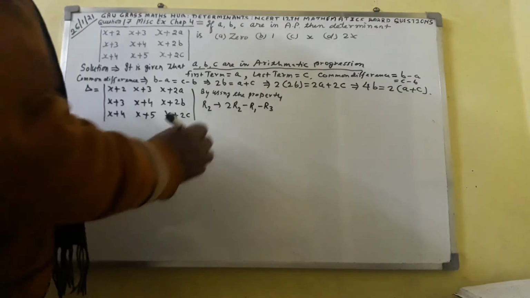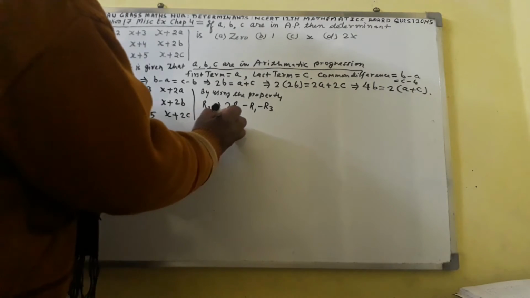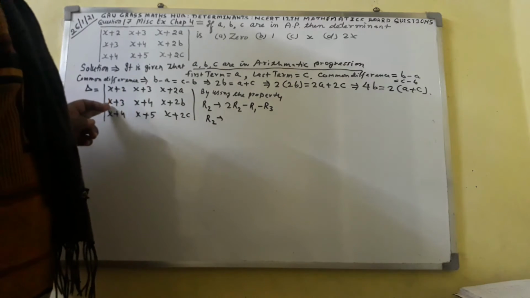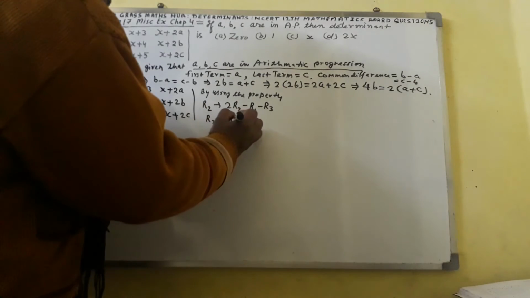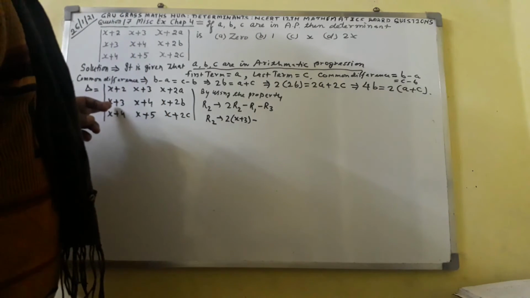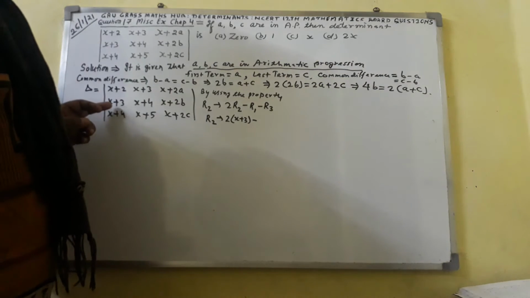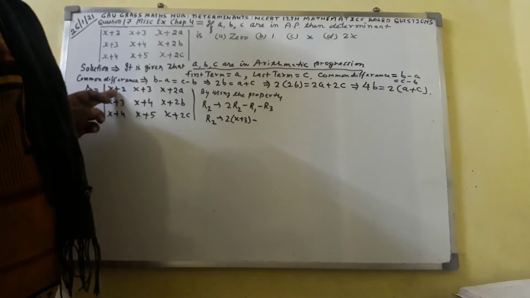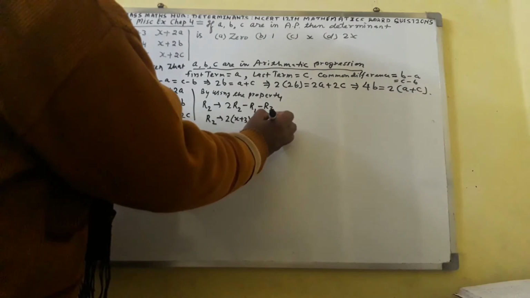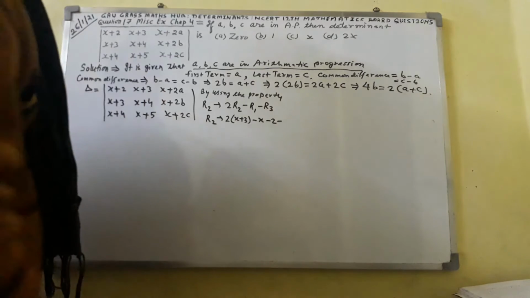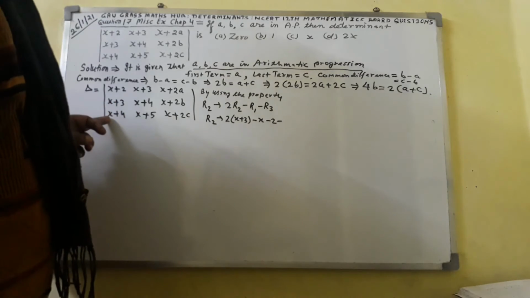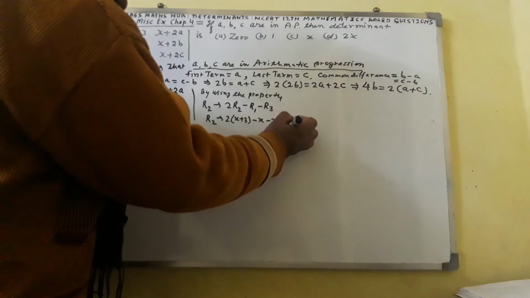If you do the operation here, R2 goes to 2 in bracket x plus 3, minus the corresponding element of x plus 3 in the first row, which is x plus 2, so write minus x minus 2, minus the corresponding element in the third row, which is x plus 4, so write minus x minus 4.